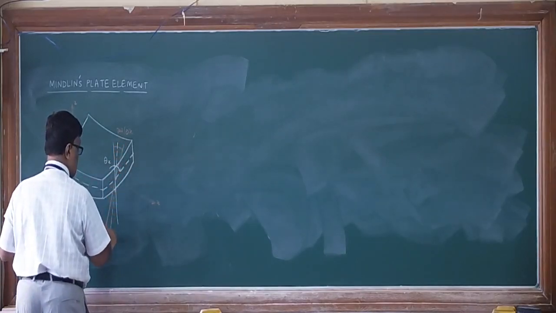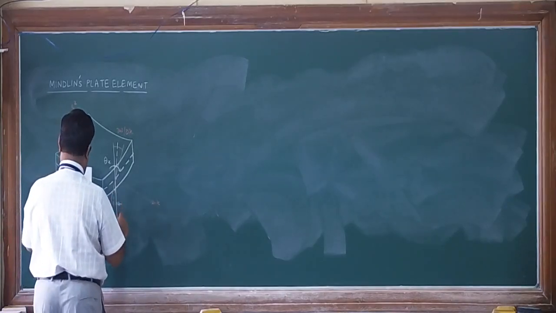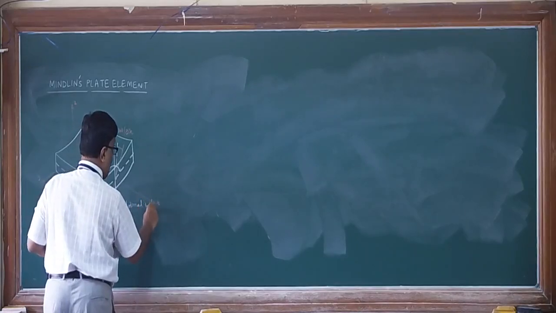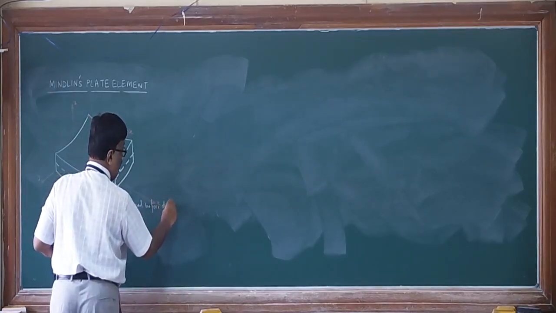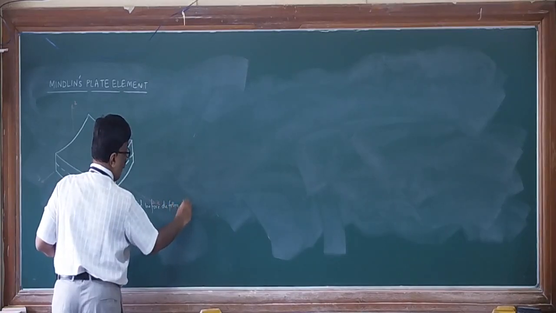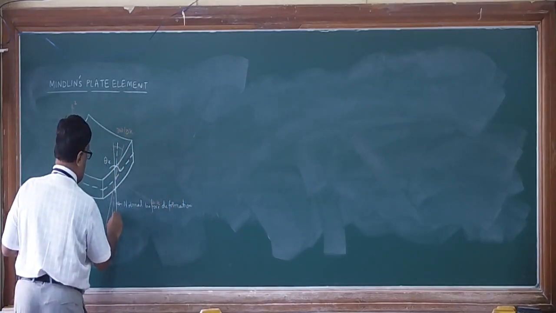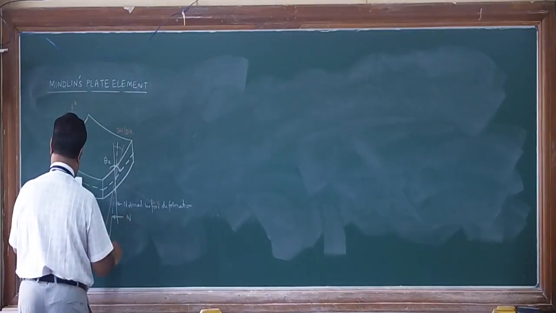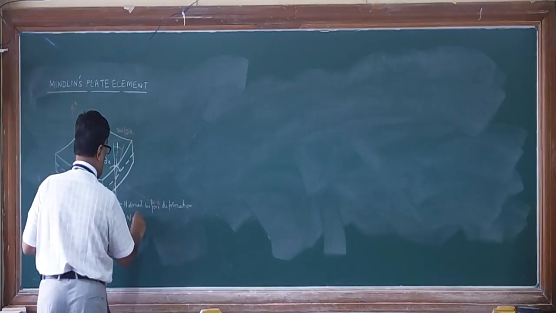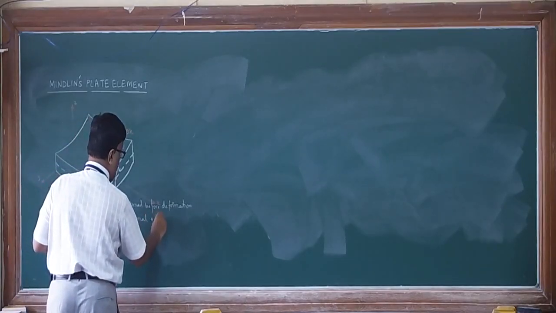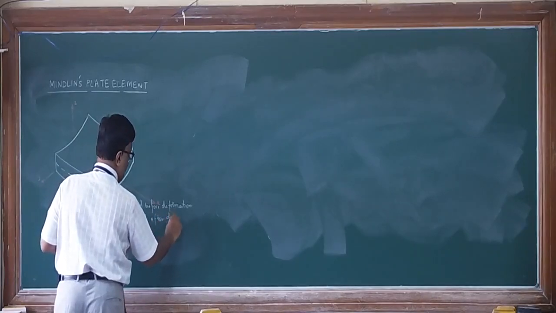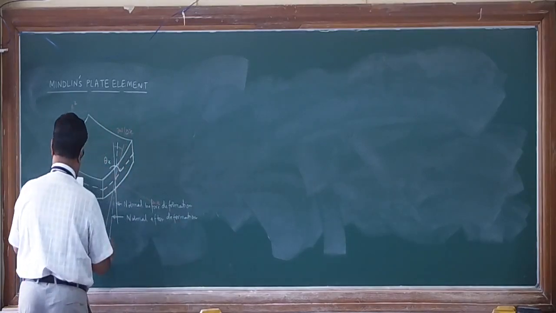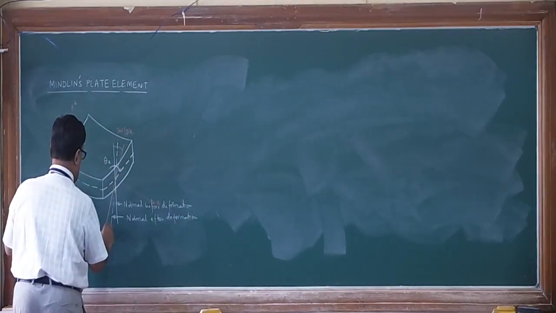One is dotted. First, this is the normal before deformation. And the second one is the normal after deformation. And this is the assumed deformation.